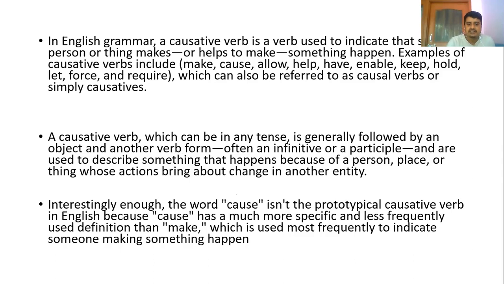Interestingly enough, the word cause isn't the prototypical causative verb in English, because cause has a much more specific and less frequently used definition than make, which is used most frequently to indicate someone making something happen.